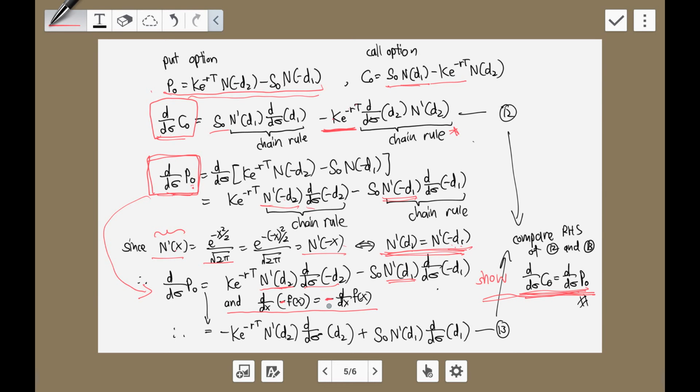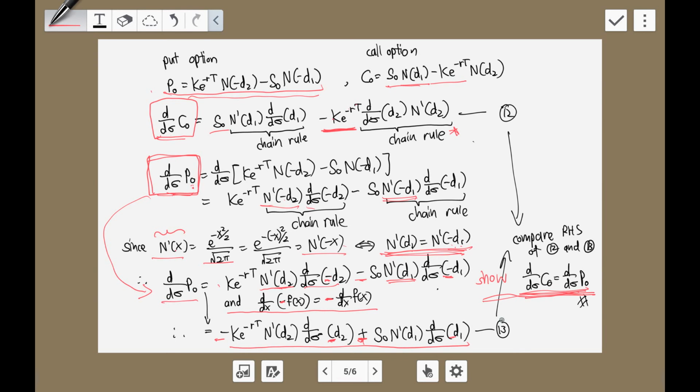So in the next step, I bring the minus here to the front, and the minus disappears from here, and the minus here I also bring to the front, and minus multiplied by a negative becomes a plus over here, and the minus here disappears. Therefore we arrive at this for the d over d sigma of P naught.